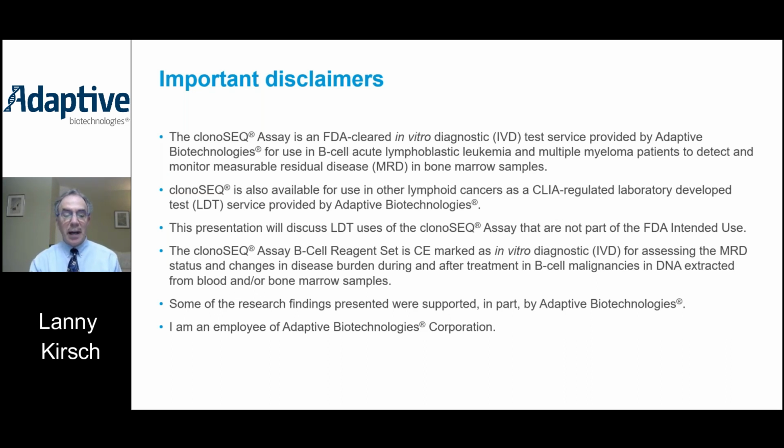During the course of this talk, I may refer to applications outside of these clearances, but that are part of the offering of the laboratory-developed test performed at the Adaptive Laboratory in Seattle, Washington.